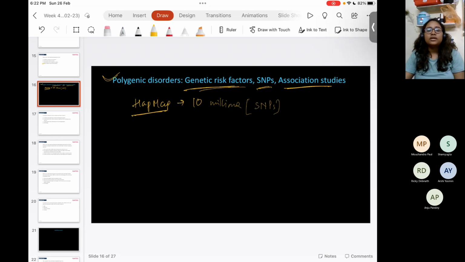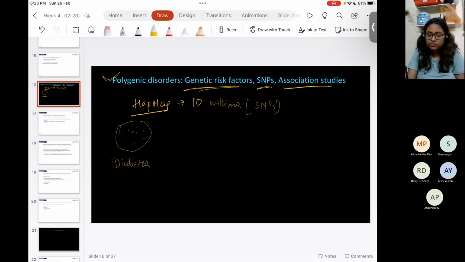What people have seen is that there's a group of individuals who have a particular disorder, say diabetes. Diabetes is a disorder which comes under the polygenic disorder category.